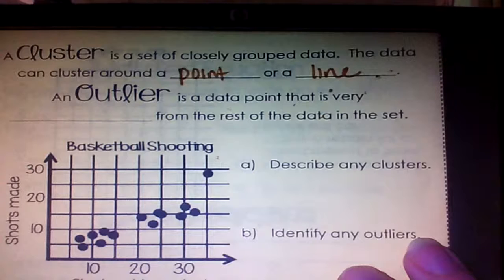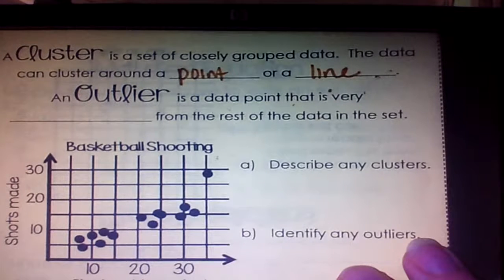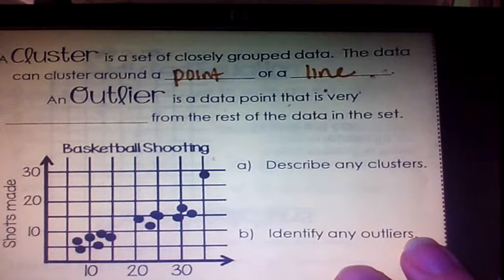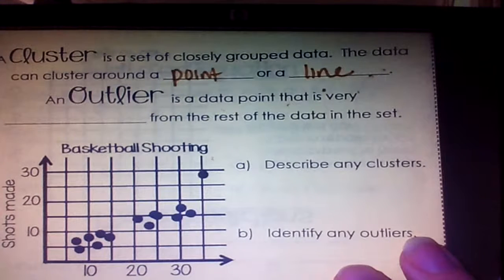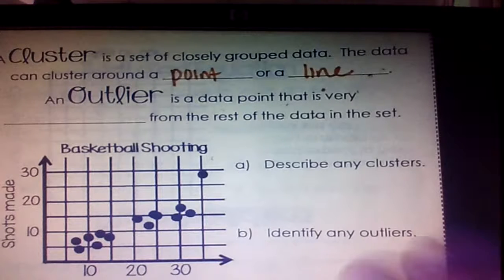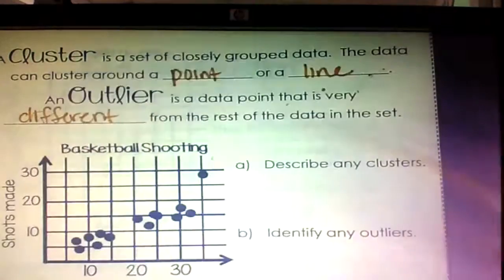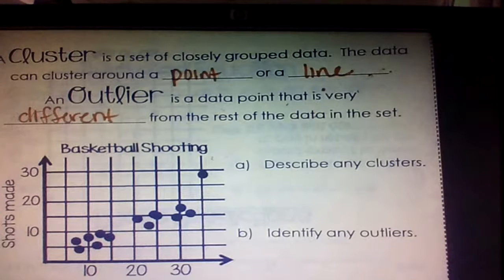Does anybody remember what an outlier was? When it's all by itself, whether it be way above the data, way below the data, way to the left, way to the right, it's just something that doesn't belong. So an outlier is a data point that is very different, special from the rest of the data in the set.